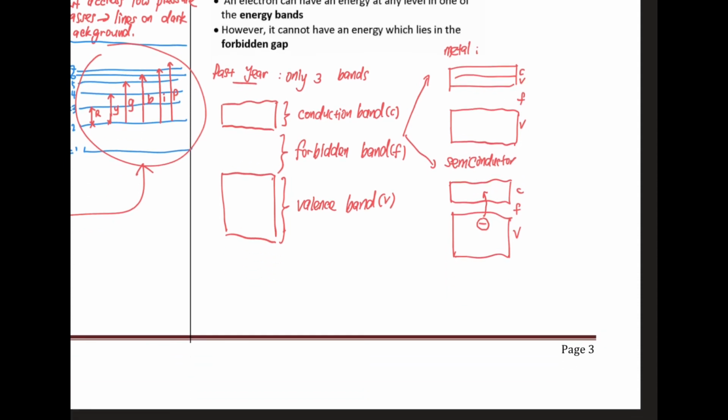Okay, then finally we have the metal. The valence band is overlap with the conduction band for metal. So the electrons at this particular valence band are at the same time able to conduct electricity.